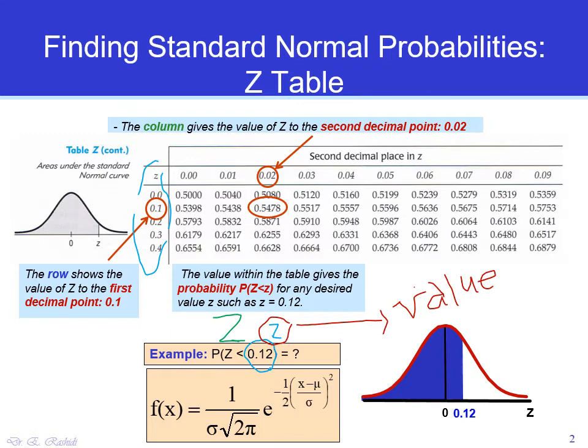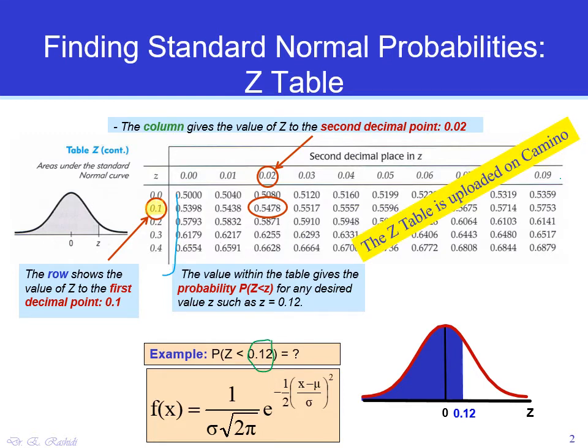So the first column shows the first decimal, and the next columns cover the second decimals. For example, we are looking for z equal to 0.12. It has 0.1, so 0.1 is here, and also 0.02 as the second decimal. The intersection of these would be our solution.